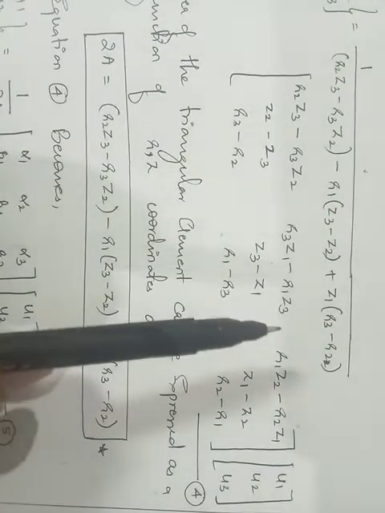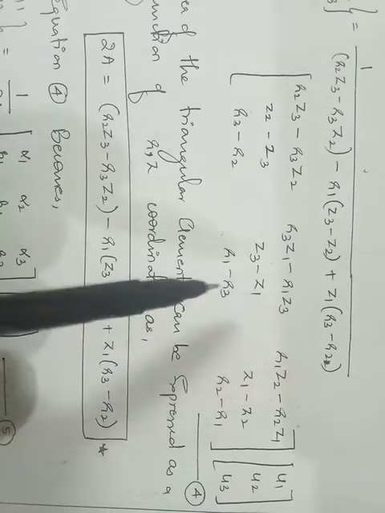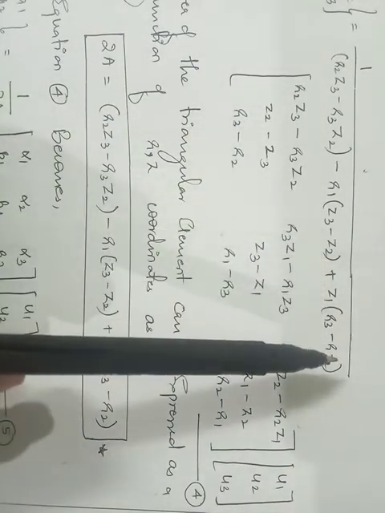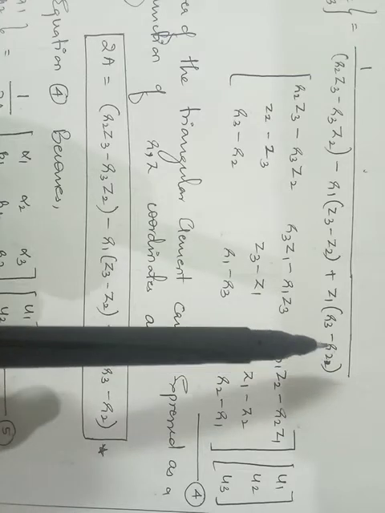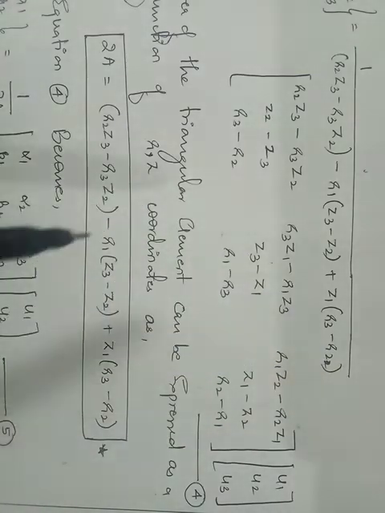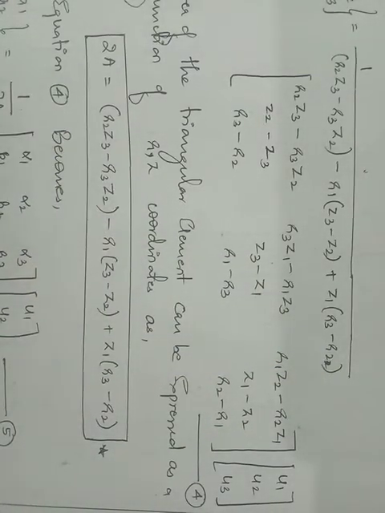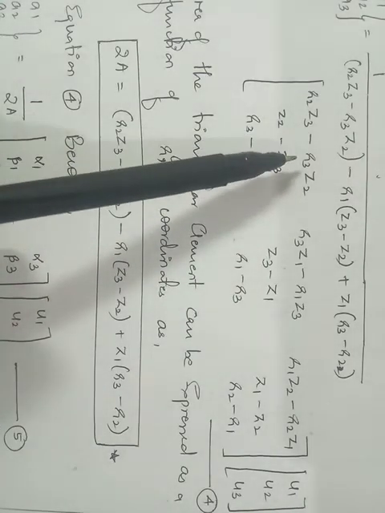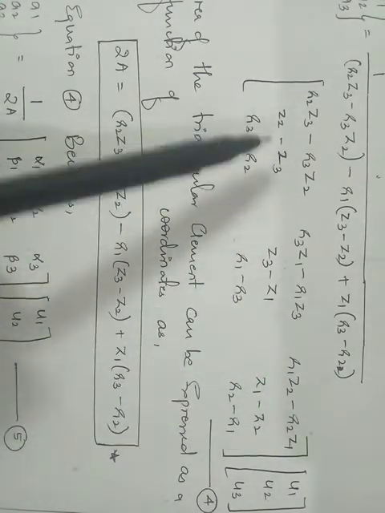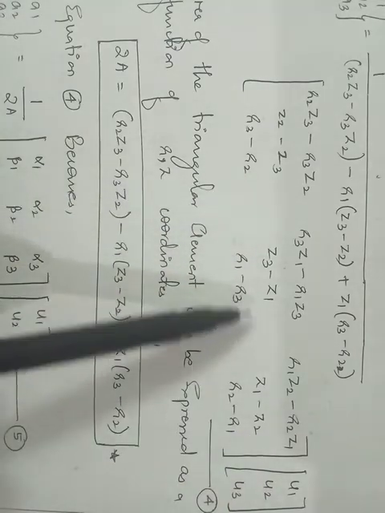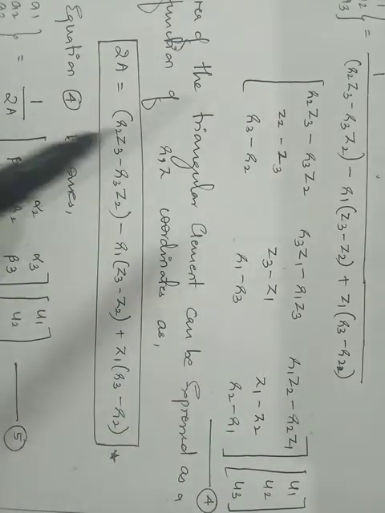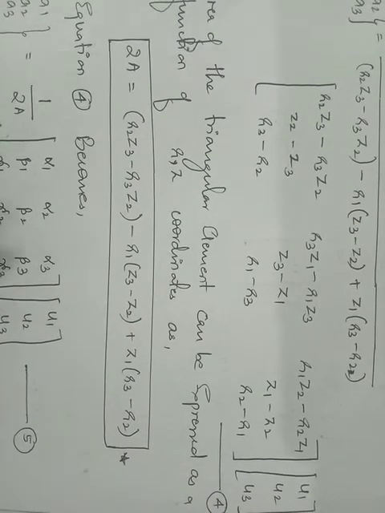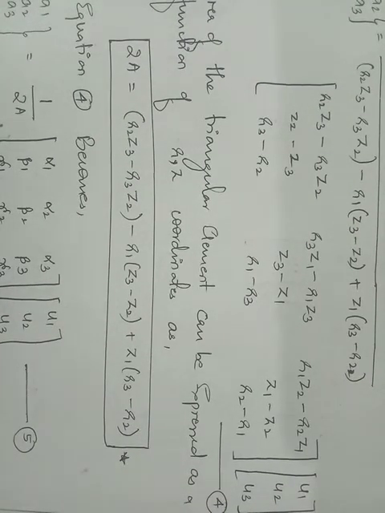Now 1 divided by this entire part will be equal to 2A, right? That is what I have written here. So I will take it as 1 divided by 2A. Now these elements, 1 2 3 4 5 6 7 8 9, I take them as alpha 1 alpha 2 alpha 3, beta 1 beta 2 beta 3, gamma 1 gamma 2 gamma 3, right?